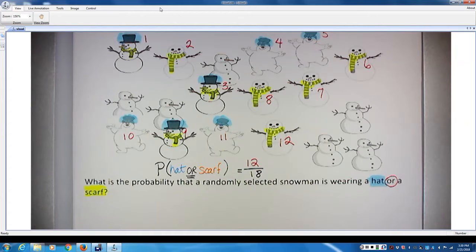Okay? I was very careful not to double count the ones that had both, because they only got to be counted one way or the other. Okay?